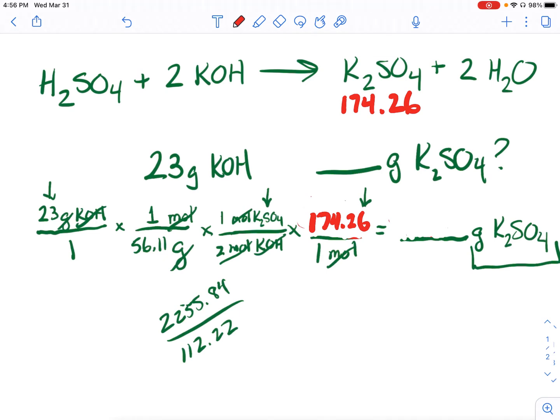23 times 1 times 1 times 174.26 divided by 1 divided by 56.11 divided by 2. And now I get an answer of 35.7, which I'm going to take to 2 significant figures, 36 grams of potassium sulfate.